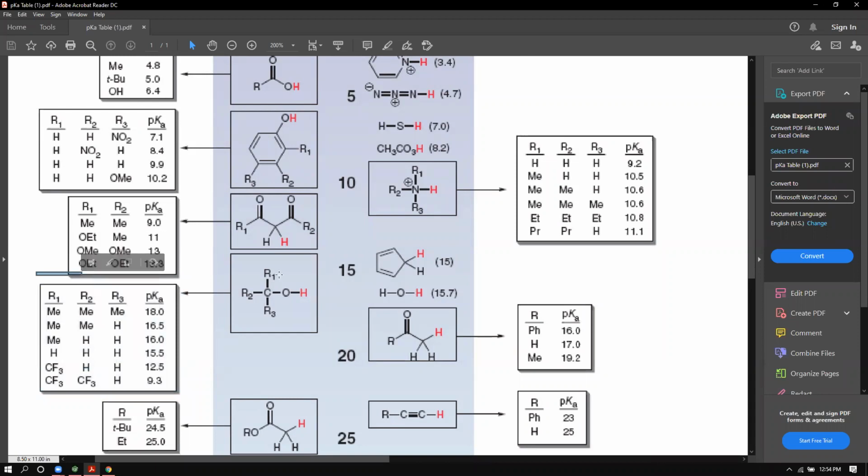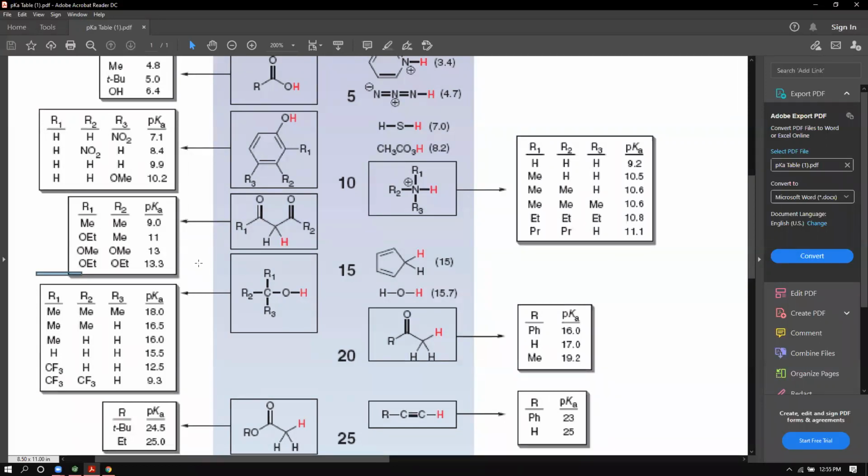If one of the R groups is CF3, you're getting that strong inductive effect from the fluorines, even though the fluorine is not the atom the hydrogen is directly attached to. So you're seeing a pull across the whole molecule, and it's pulling away the electron density away from that proton and making it more acidic. Think of pulling away electron density or finding ways to stabilize it through resonance.